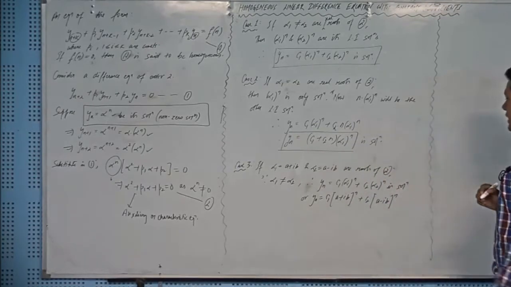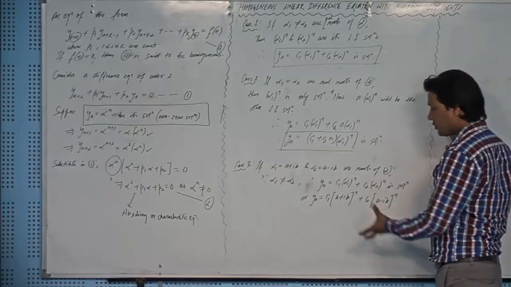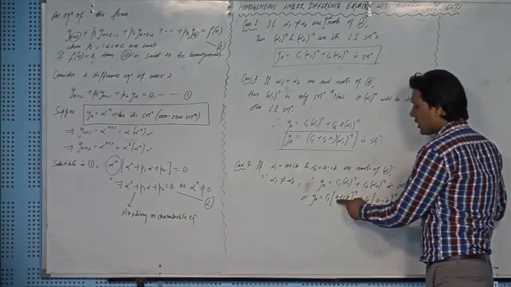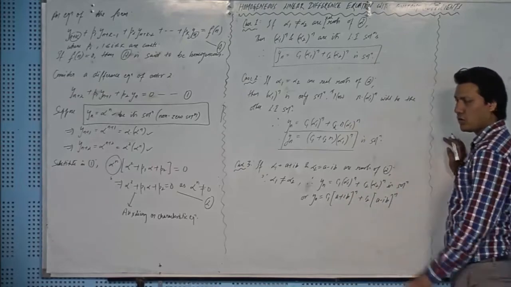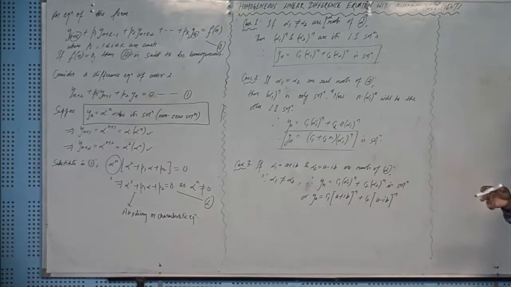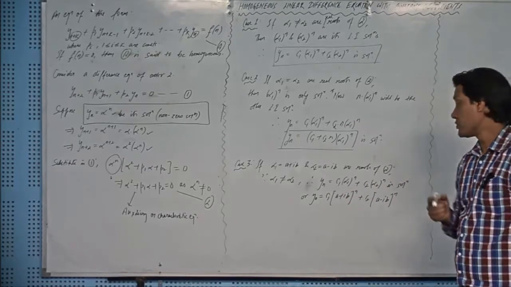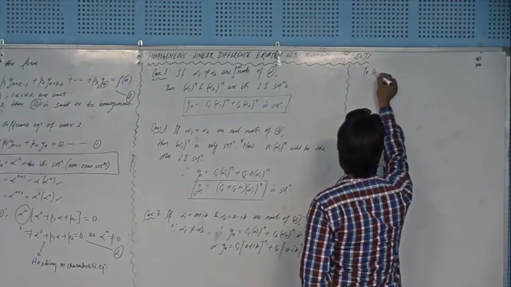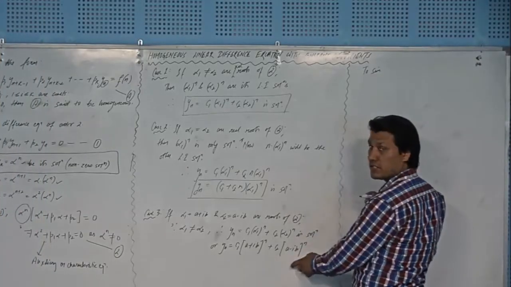And it can be simplified to a more closed form if you put a equal to r cos theta and b equal to r sin theta, in order to get the solution in terms of r and theta. However, this is also correct.